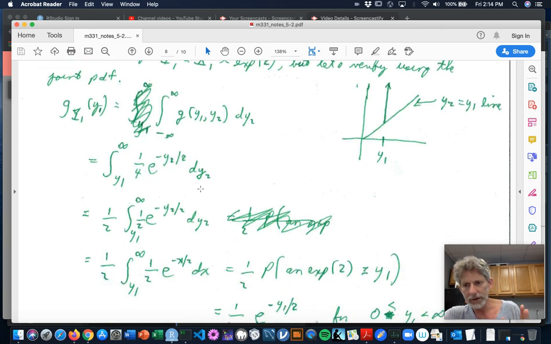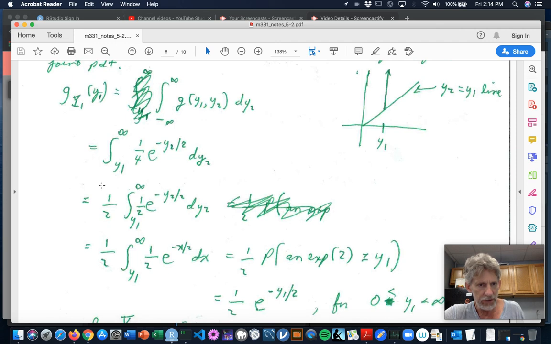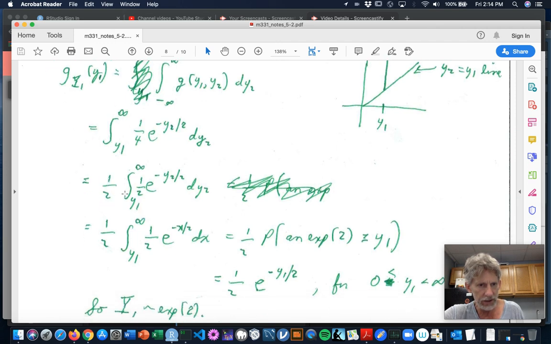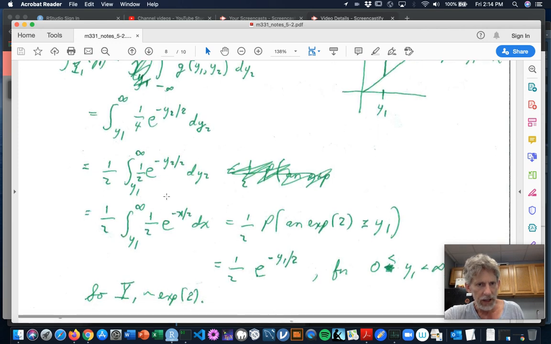That's not a hard integral to do, but I'm so insistent on being cool that I see if I can relate it to a probability fact. So I'm pulling a factor of a half outside here, and I'm staring at that and realizing that's the PDF for an exponential theta equals 2. And to emphasize that fact, I'm going to change the dummy variable from a y2 to just an x.